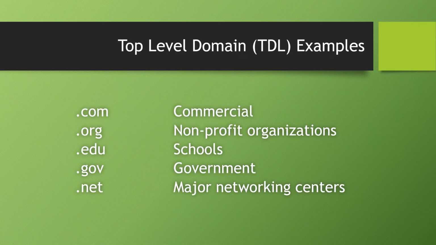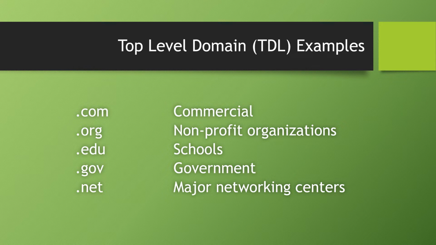So the top level domain, or TLD, is actually the .com or the .org portion of the website that you may be looking at. Those are fairly standardized, and these are some examples. These are probably the most original and common ones that you're used to seeing, but there are many, many more now.